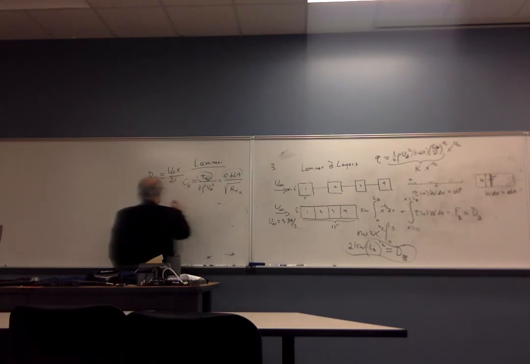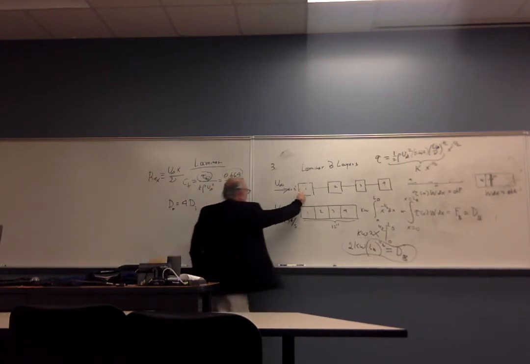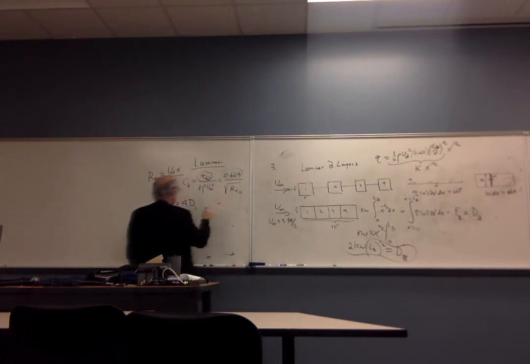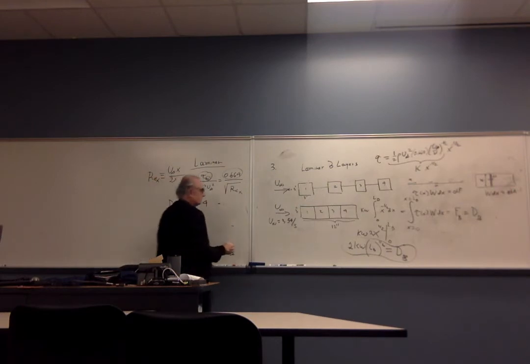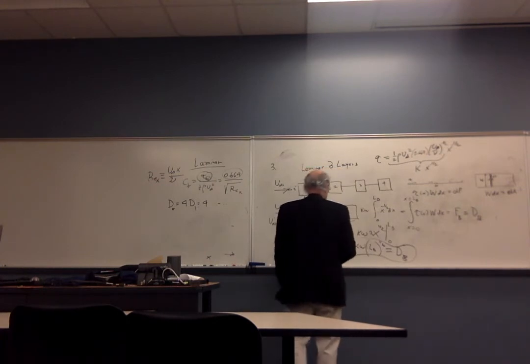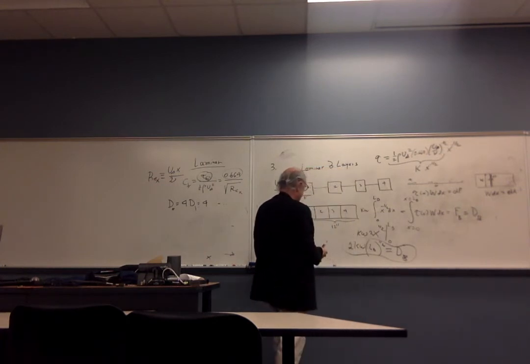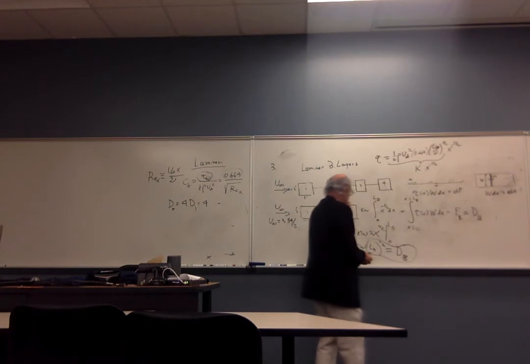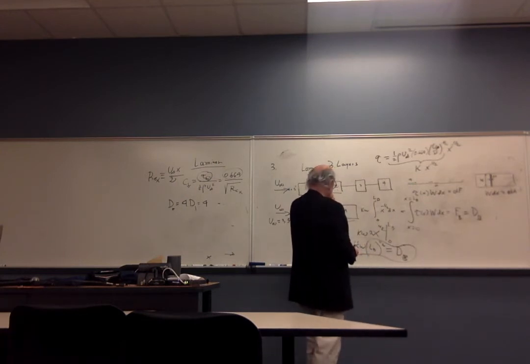So the drag on the total configuration is going to be 4 times the drag on unit number 1. Shouldn't it be the same thing with different limits of integration? Yeah, exactly. It's going to be the same thing with different limits of integration.